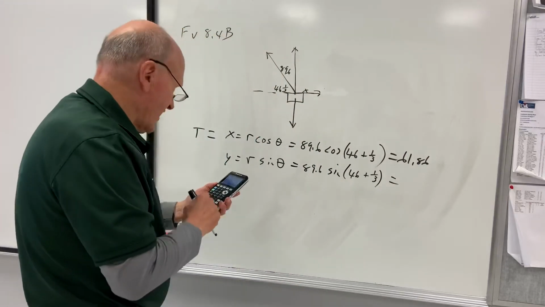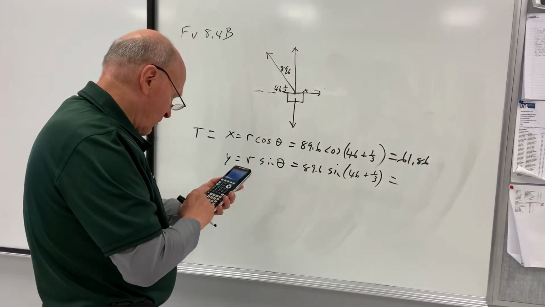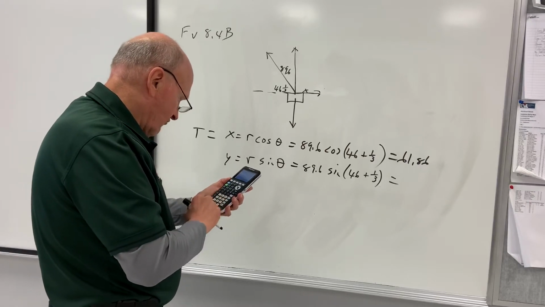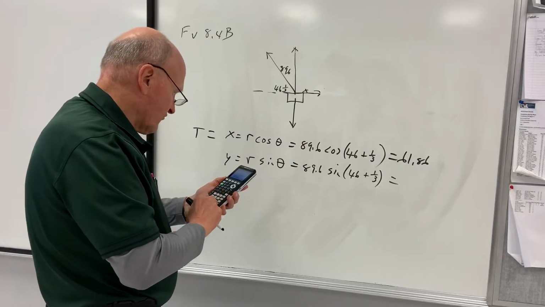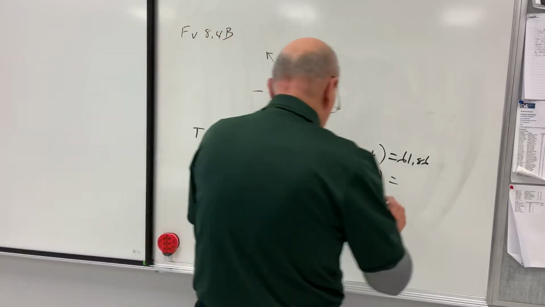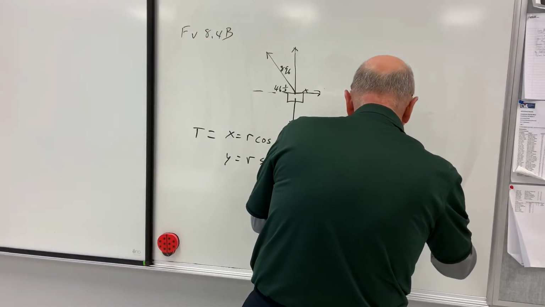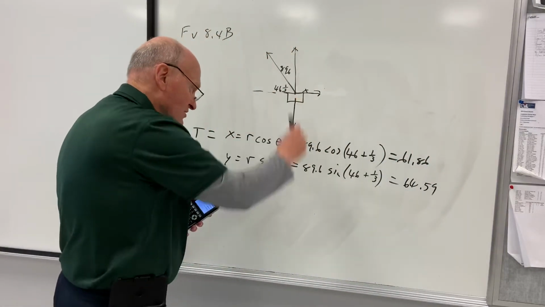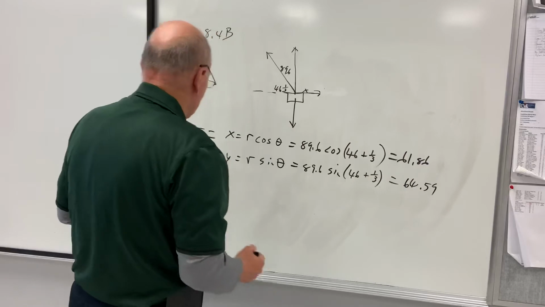And so we plug that into our calculator, 89.6 sine of 46 plus 1/3, close parentheses, enter. And I see that the y component is 64.59 something. So the weight of the box is 64.59.